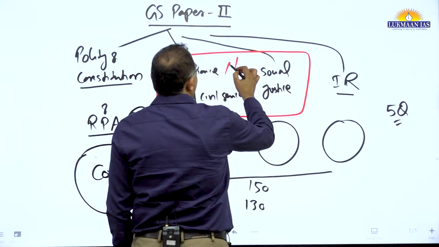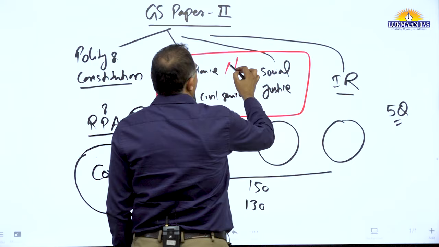Then it comes to social justice. At times they increase it or at times they reduce it. They keep experimenting with social justice and governance related questions. But still the core part will be polity and constitution.